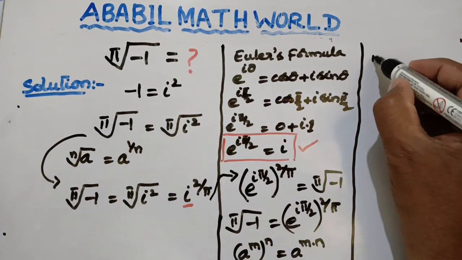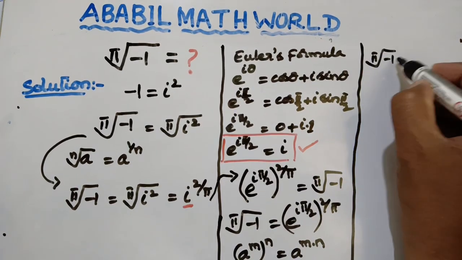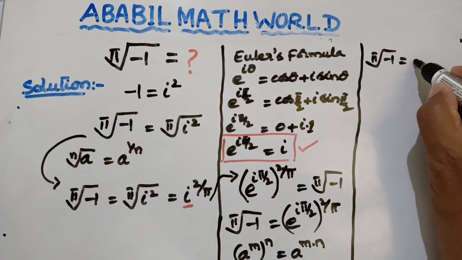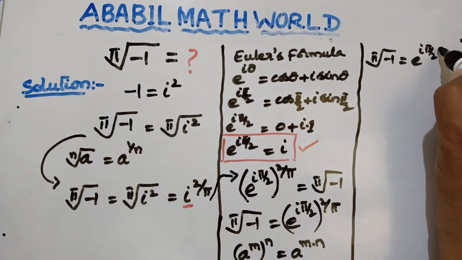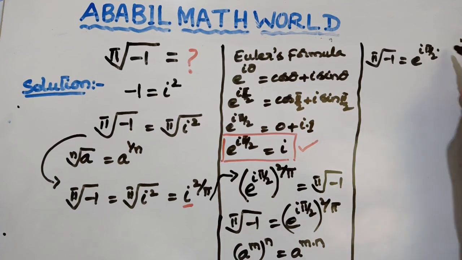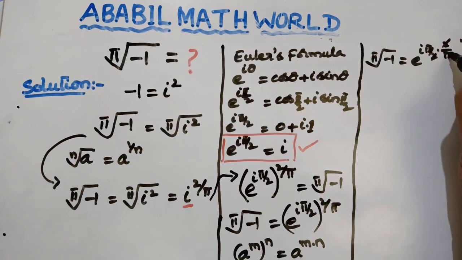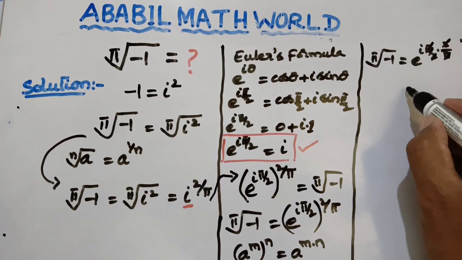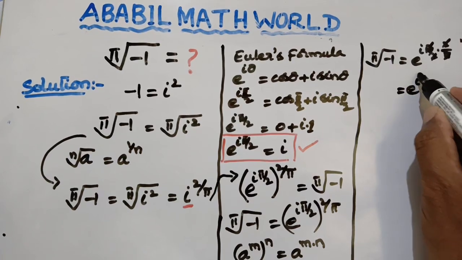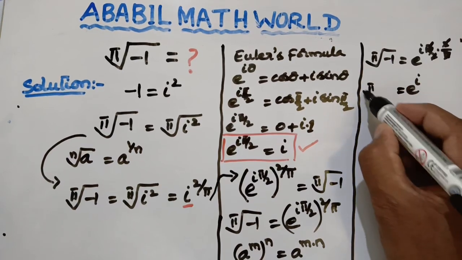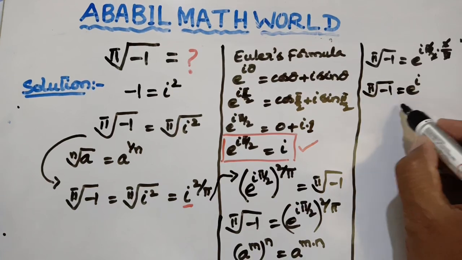When we use it, the pi-th root of minus 1 is equal to e to the power of i pi by 2 into 2 by pi. So here pi and pi, we may cancel it. So we get e to the power of i, and this is the pi-th root of minus 1.